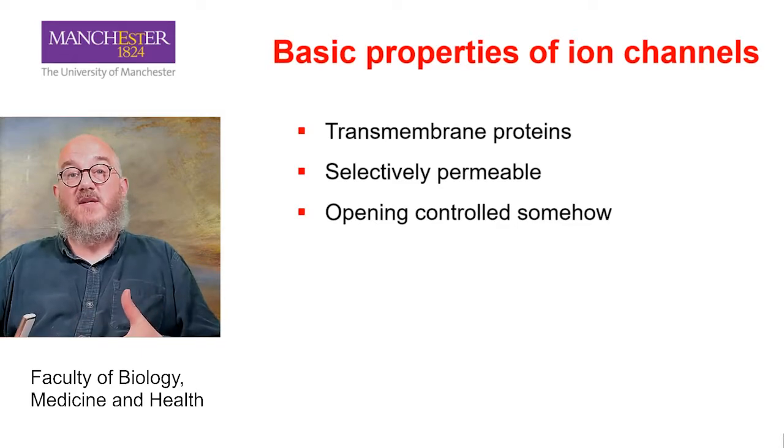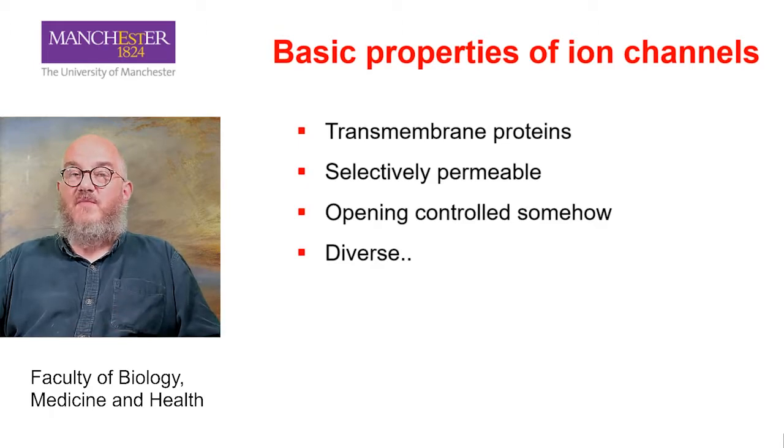This is a process that's termed gating, and there are a lot of different ways in which ion channels can be gated. And that kind of leads on to the other thing about ion channels. They're extremely diverse. Probably not the most diverse class of proteins that we'll meet, but they show a lot of diversity, and we'll see some examples of ion channel families in later sessions.